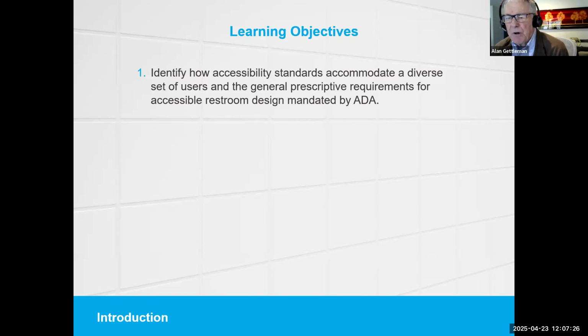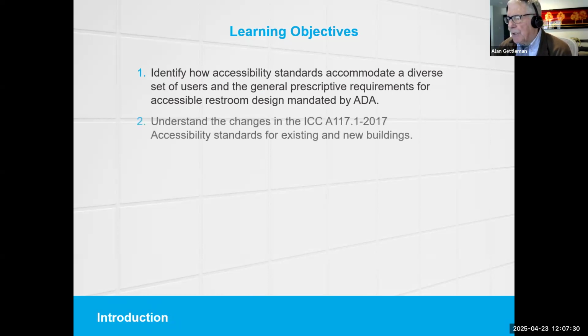We'll also go over some of the general prescriptive requirements mandated by the ADA. We're also going to show you and help you understand the 2017 version of the ICC A117 standards, and particularly how they apply to existing and new buildings.